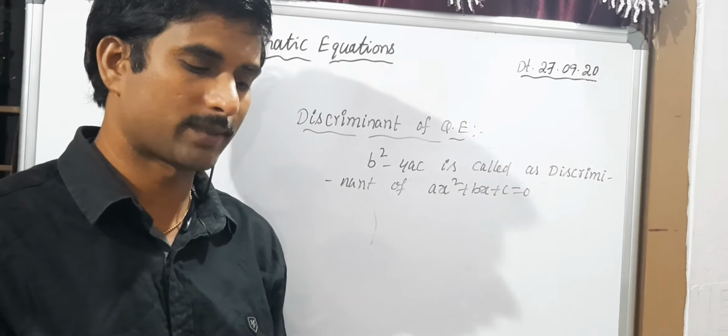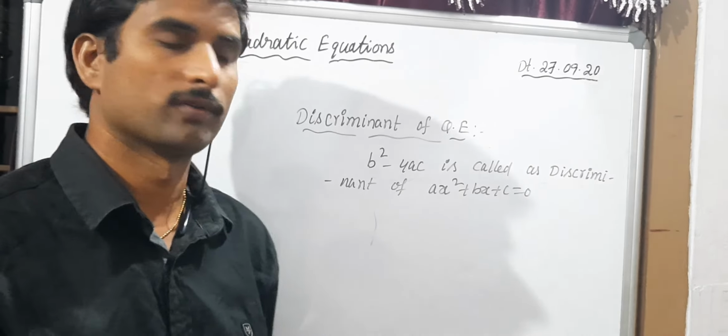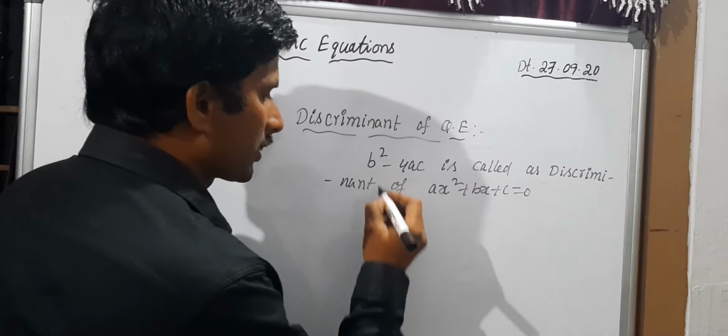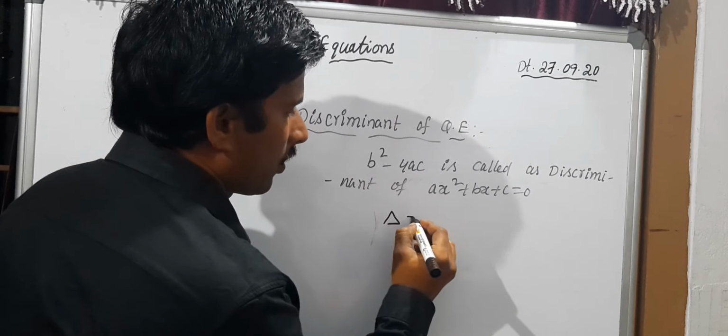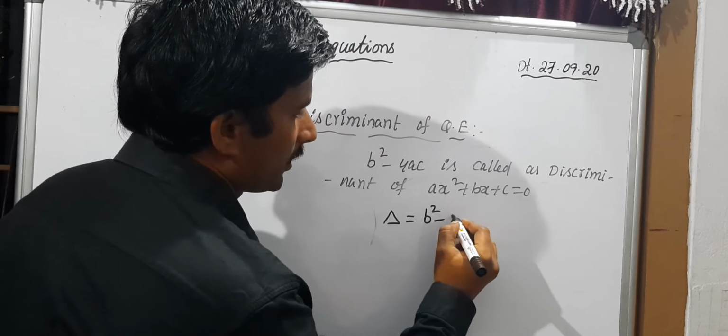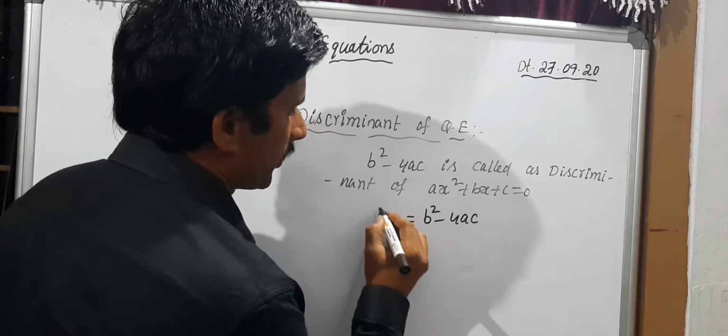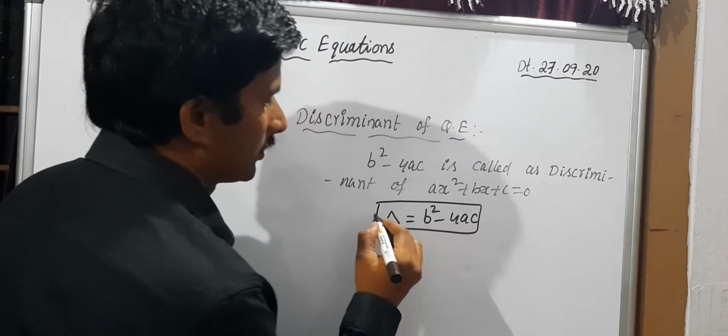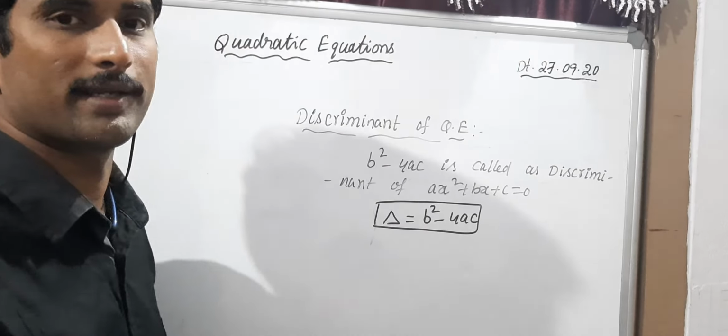This discriminant can be denoted by delta or capital D. So delta equal to b square minus 4ac is called the discriminant of a quadratic equation.